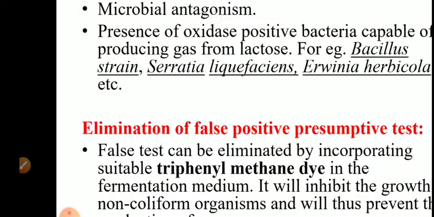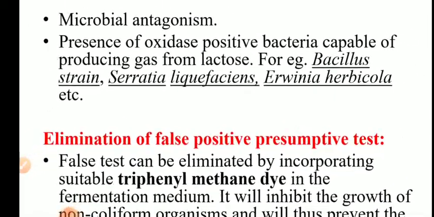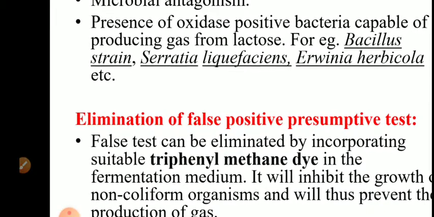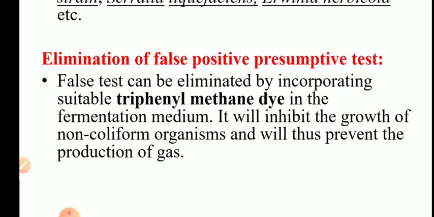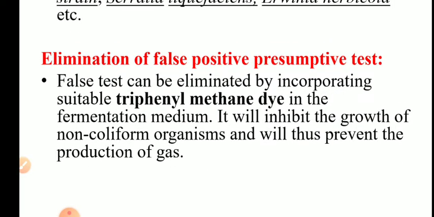Then because of antagonism also, or because of the presence of oxidase positive bacteria capable of producing gas from lactose, for example Bacillus, Serratia, Erwinia, etc. So we just want to confirm whether the positive presumptive test obtained is because of coliforms only. So we have to perform the confirmed test. Now, how can we eliminate this false positive presumptive test?